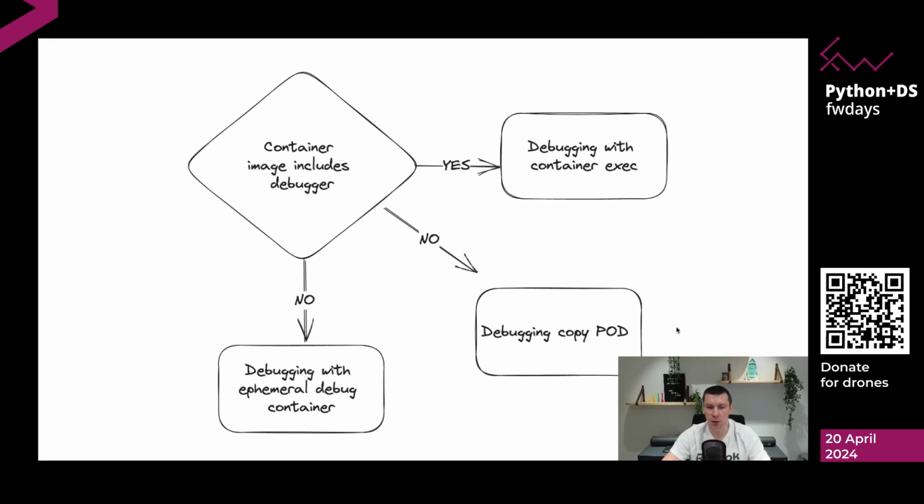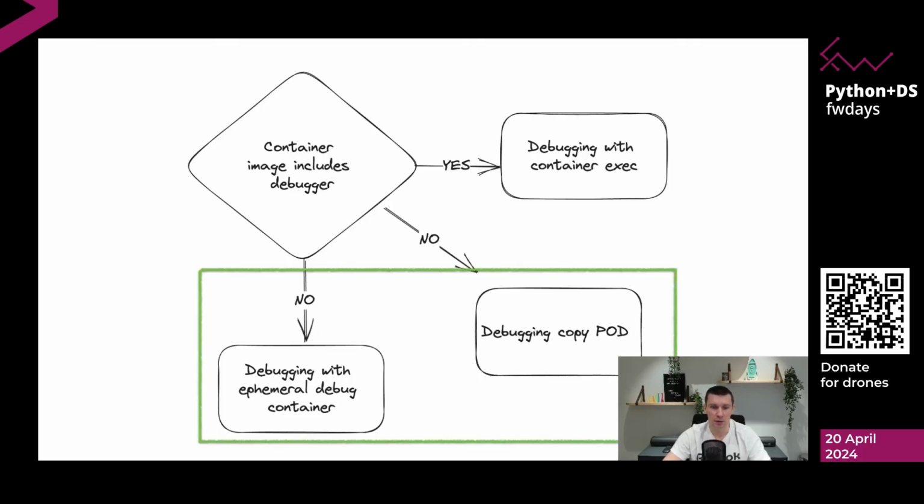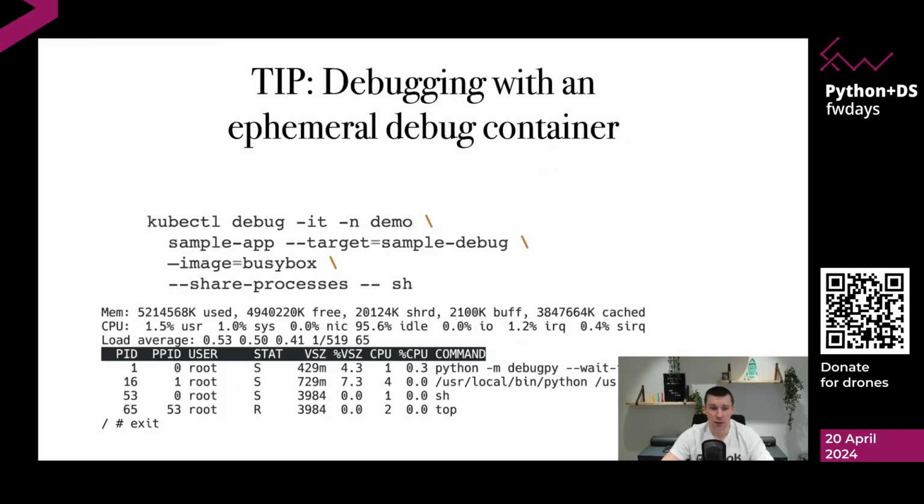If not, for different reasons, you probably can run another container or another pod, which in the Kubernetes world is usually called an ephemeral container, and it will help us. I will show you some more examples.